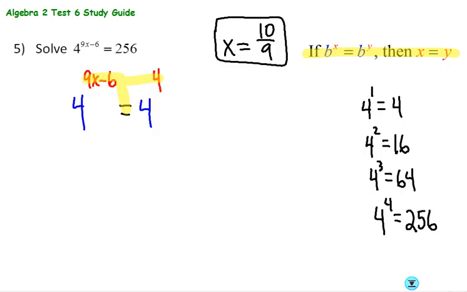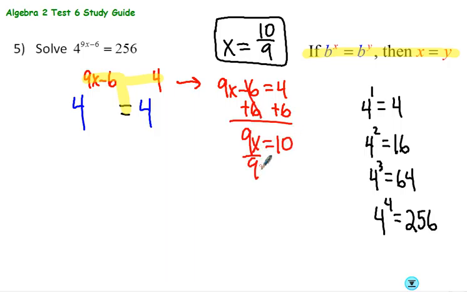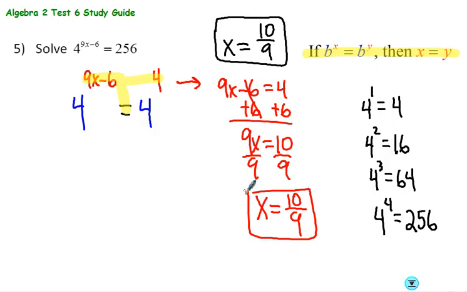So we're just trying to get x by itself. 9x minus 6 equals 4. So let's add 6 to both sides, and you get 9x equals 10. So you get x equals 10 over 9.